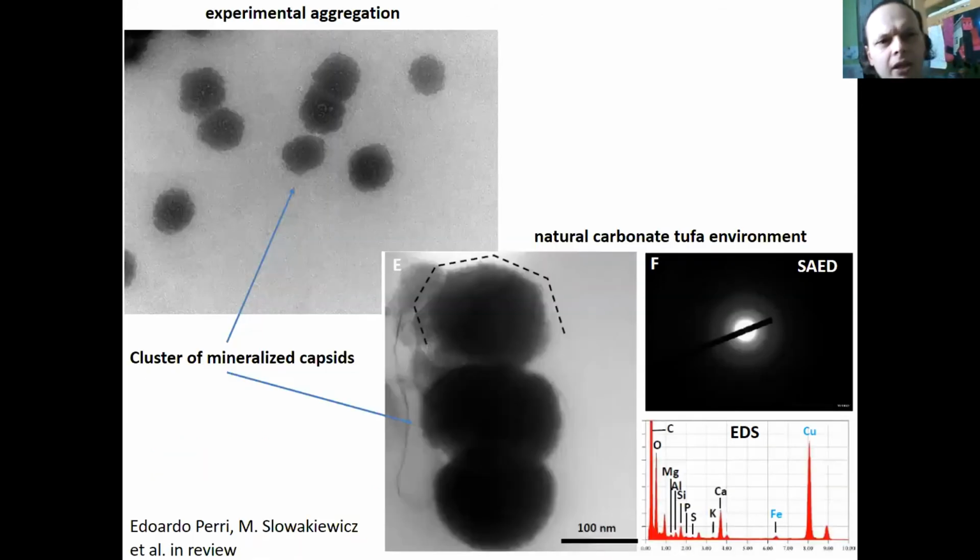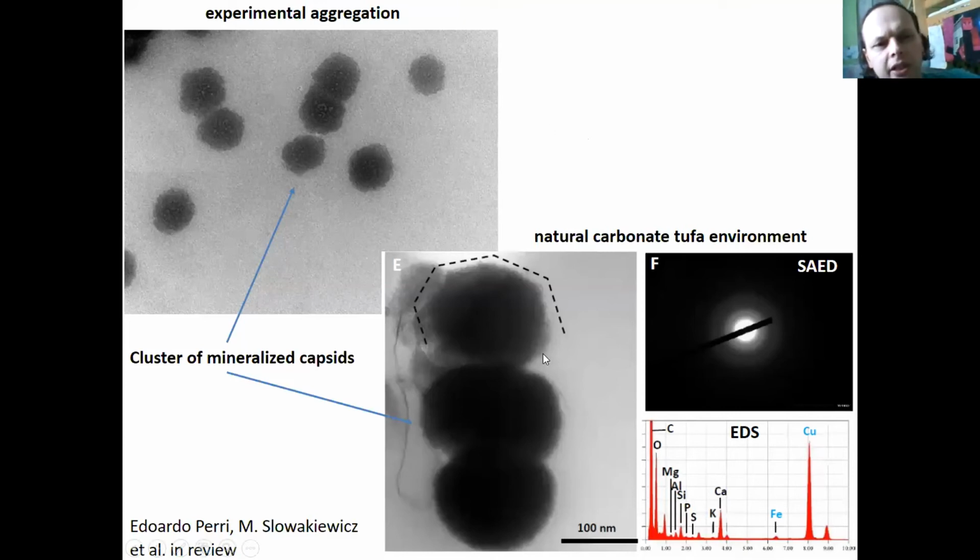Now, something I found out this month after we submitted this paper, from the freshwater tufa environment. This is our experimental image showing attachment of these permineralized icosahedral viruses, and here we have a natural example, an equivalent of what was achieved experimentally.